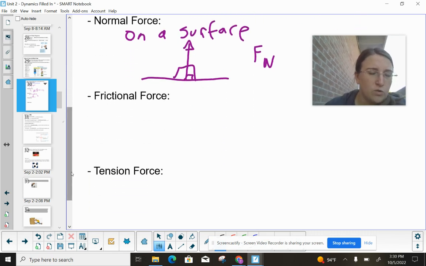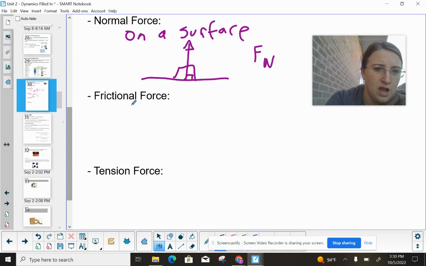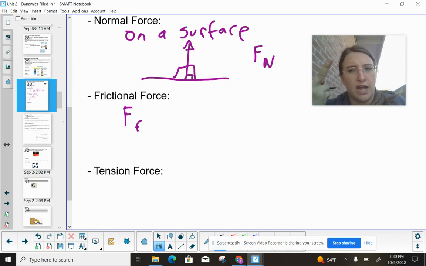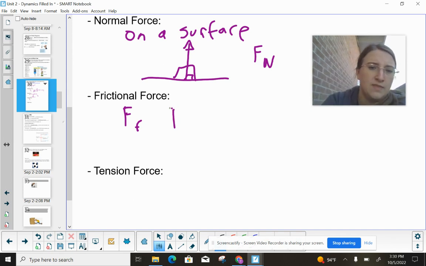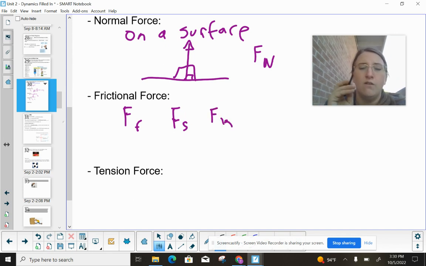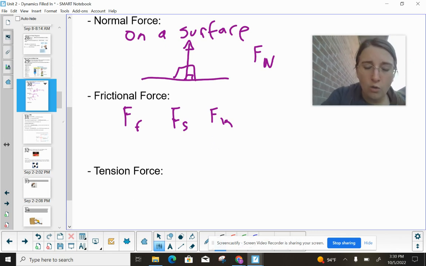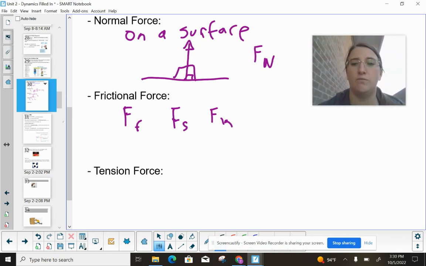Okay, friction force. You will see friction force a couple of different ways. Friction force is F for friction. However, we're going to learn there are actually two different types of friction forces: static friction, Fs, and kinetic friction, Fk. The frictional force always acts opposite the direction of motion.